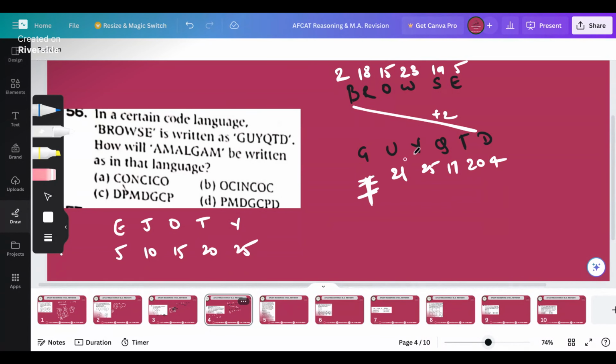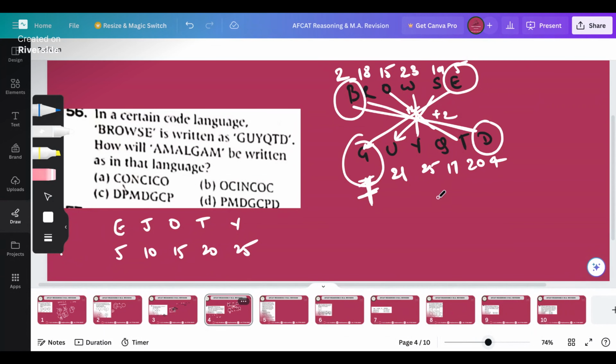This one is moving over here from 19 to 21, and this 15 is moving over here to 17. 18 is moving over here to 20, and 23 is just moving over here to 25. So what we have observed is that this top left corner is going to the bottom right corner, and the top right corner one is going to the bottom left corner with plus 2.